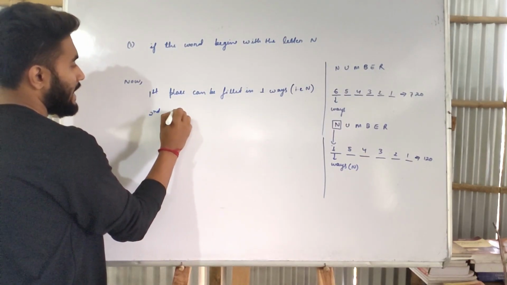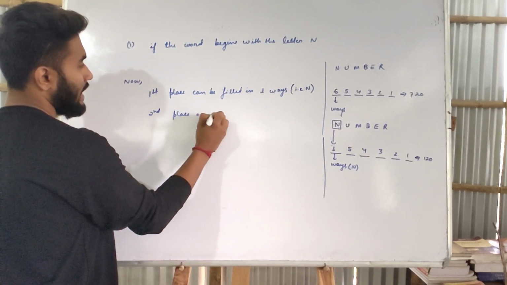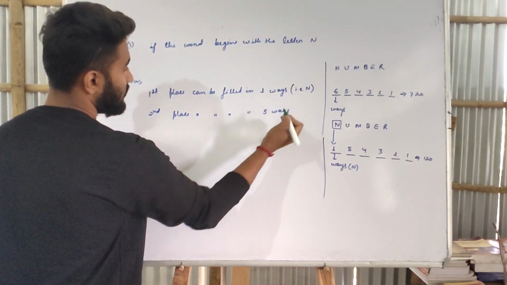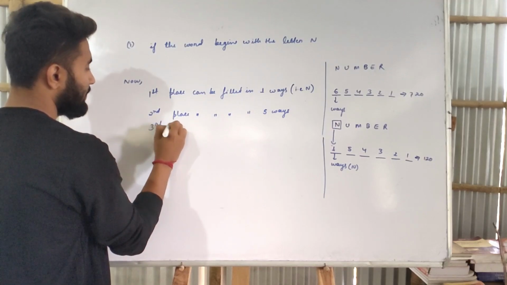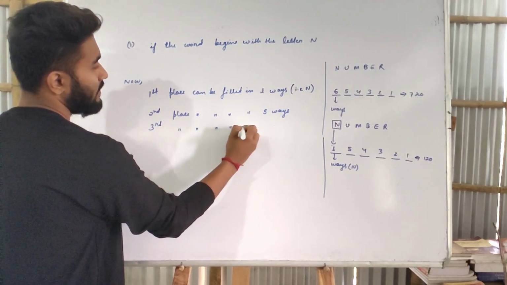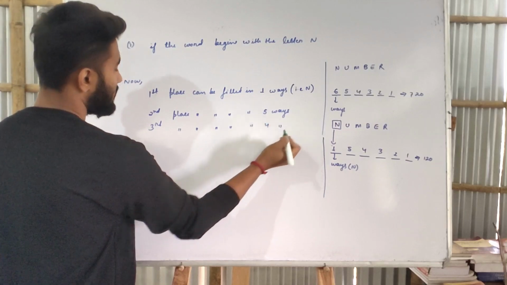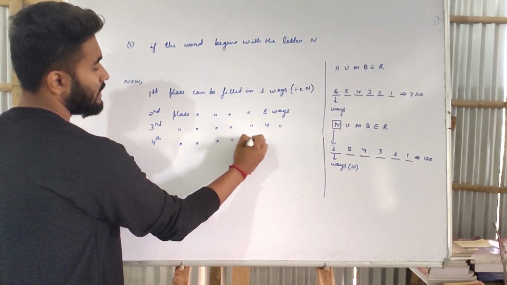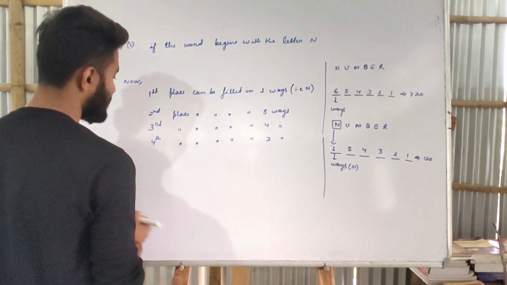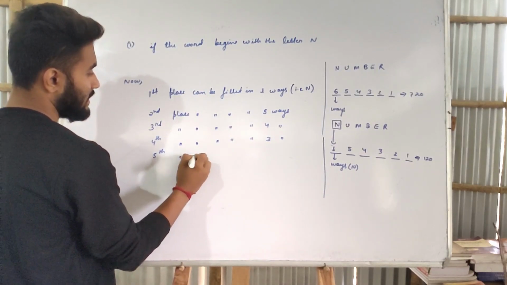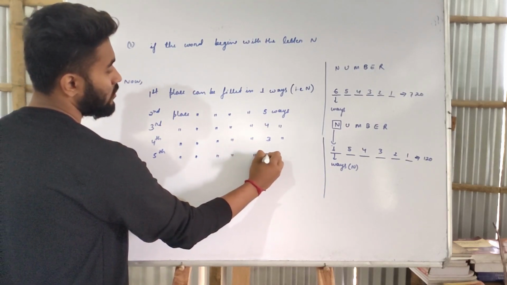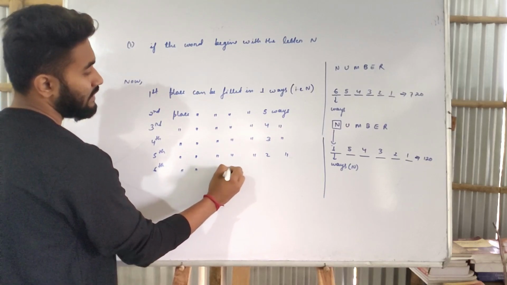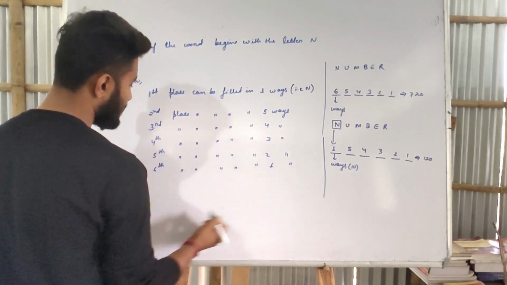Now, second place can be filled in 5 ways. Third place can be filled in 4 ways. Fourth place can be filled in 3 ways. Fifth place can be filled in 2 ways. And last, 6th place can be filled in 1 way.